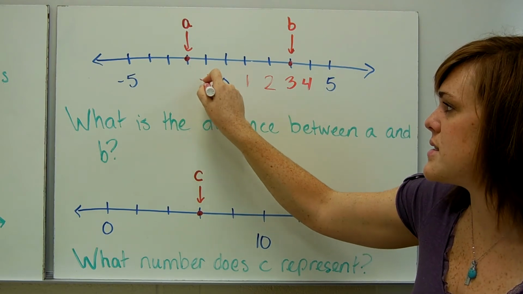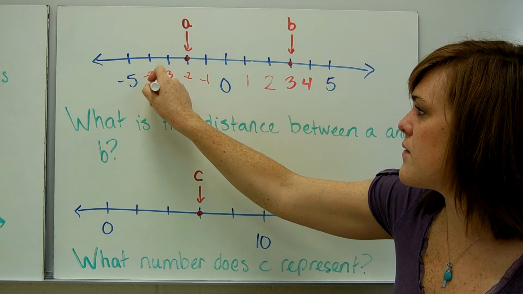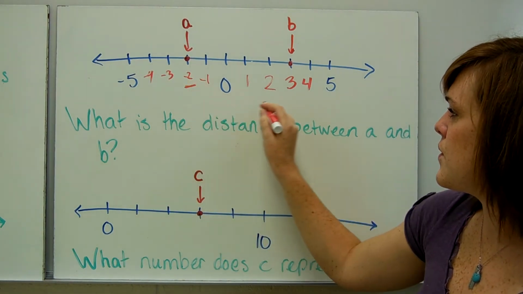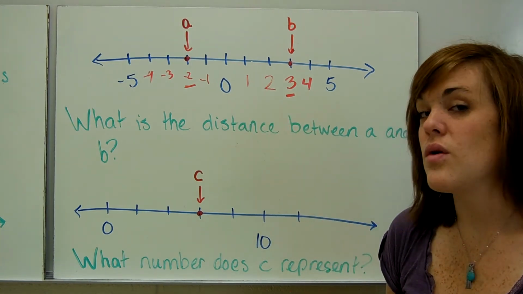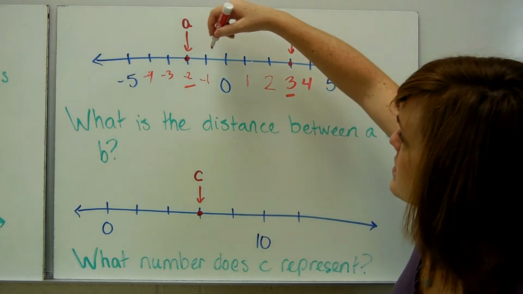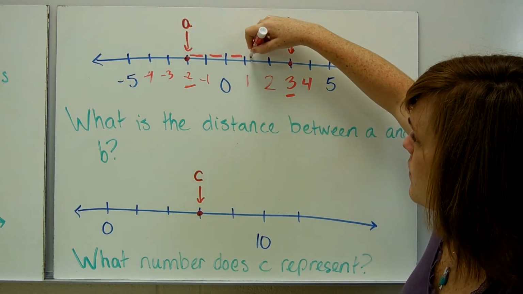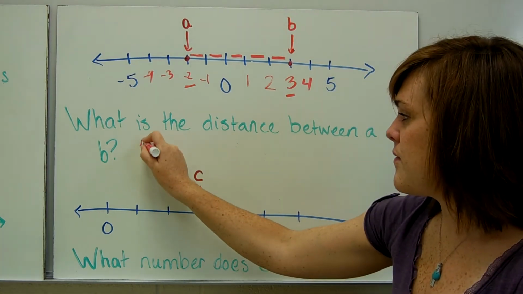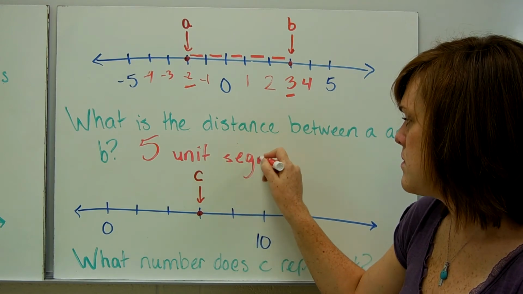So I know that this is -1, -2, -3, -4. So how far is it from -2 to 3? I have to count my unit segments. Don't count your tick marks. Okay, so you have 1, 2, 3, 4, 5. The distance between A and B would be 5 unit segments.